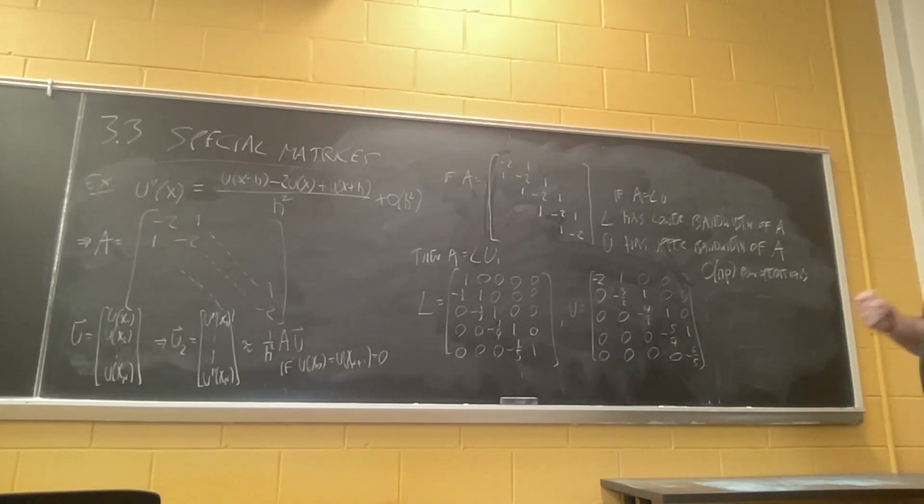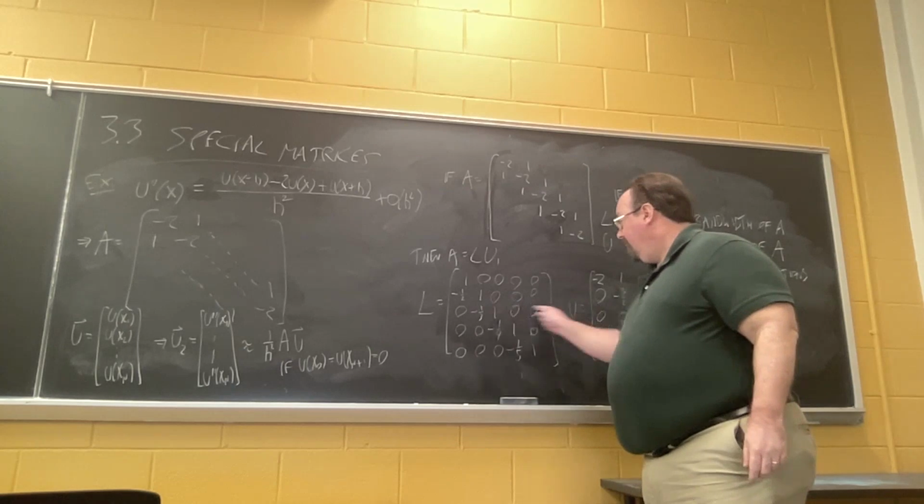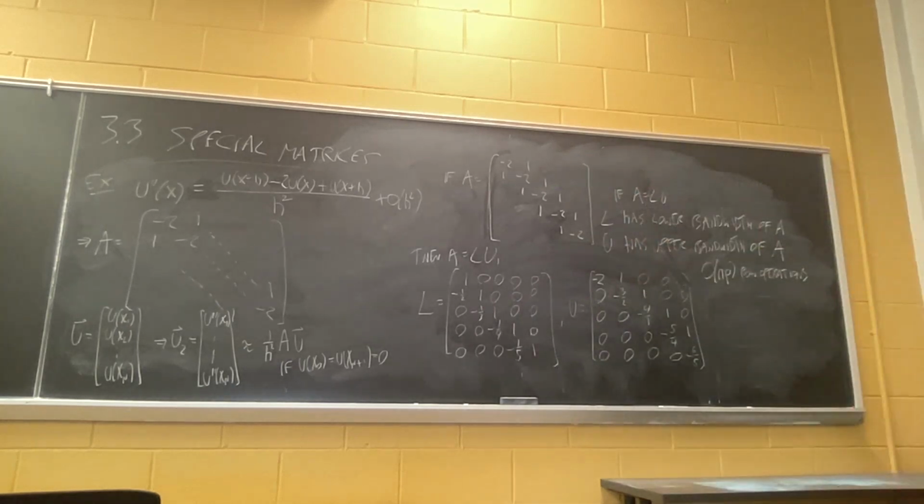Well, when you perform a row operation, you're updating entries to the right of that column in that row.